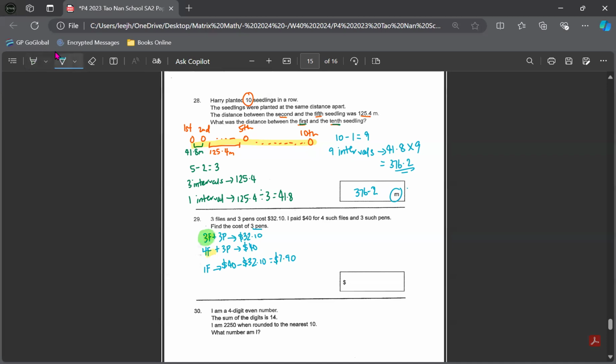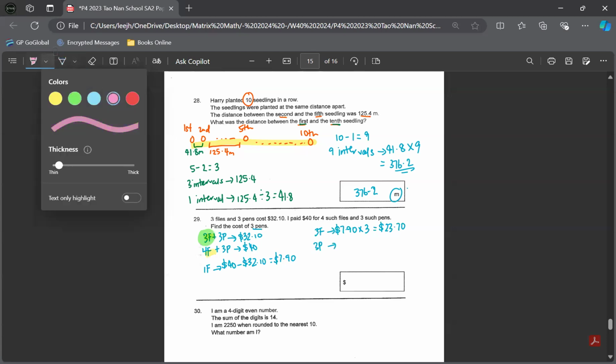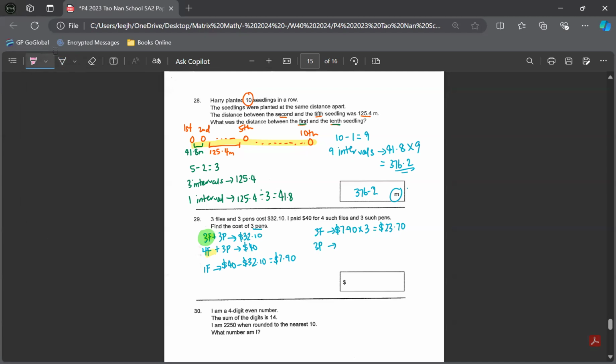So if I want to find 3 pens, from 1 file, I can find the cost of 3 files here. Okay, so work out 3 files. If 1 file is $7.90, what is 3 files? 7.90 times 3 would be $23.70. So how to find 3 pens? You know that this is the value here.